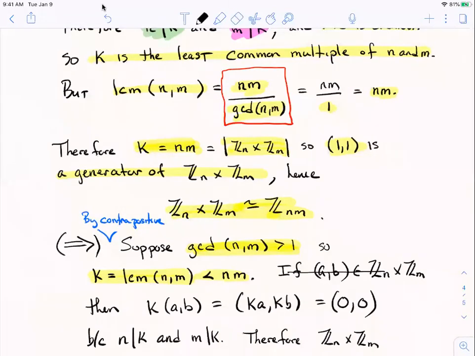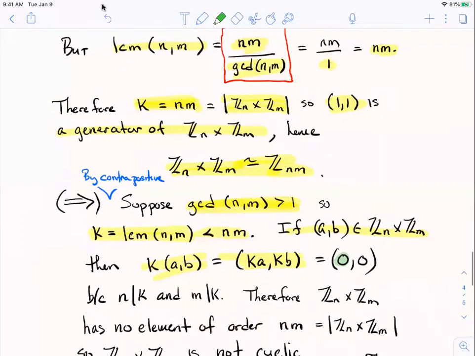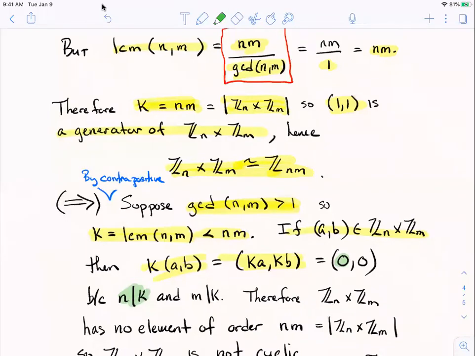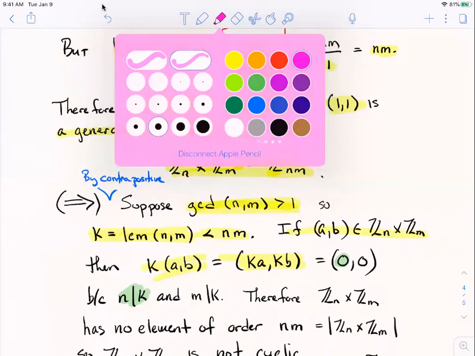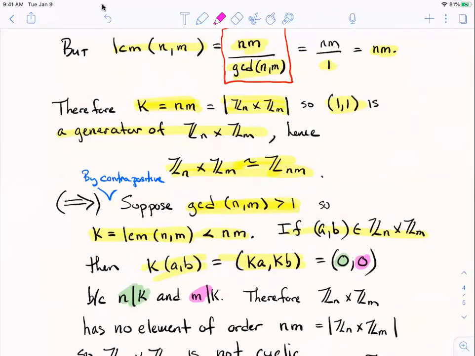If you take any element in our product group and you add it to itself k times, well, you get (ka, kb), but that's going to give you a 0 in the first factor because k is divisible by n, right? k is the least common multiple of n and m, so that first factor is going to be 0, and it's going to give you a 0 in the second factor because k is also divisible by m.